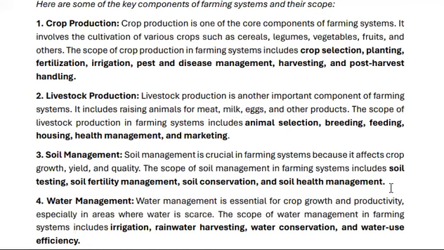Then we have our fruit vegetables, we have our fruit trees, and root crops, mga industrial crops gaya ng abaca, coconut, tobacco, and many more. So the scope of crop production includes crop selection, pag-select ng uri ng tatanim, planting, pagtatanim, fertilization, pag-aabono, irrigation, patubig, pest and disease management, harvesting, and post-harvest handling.